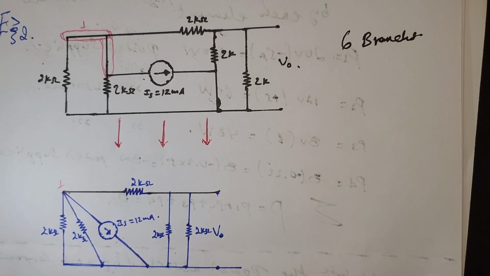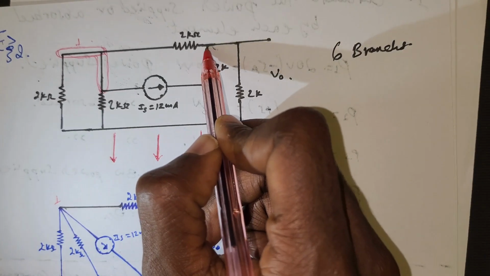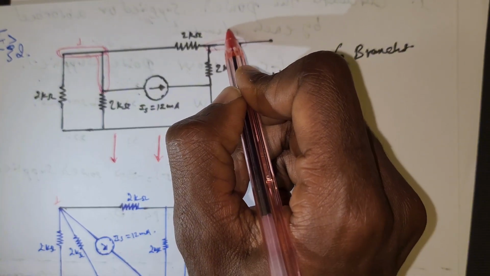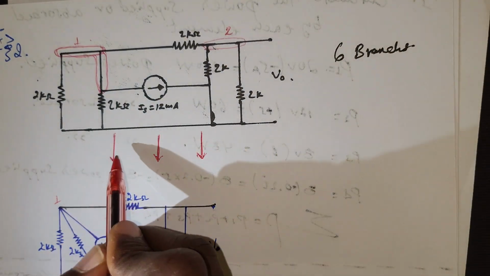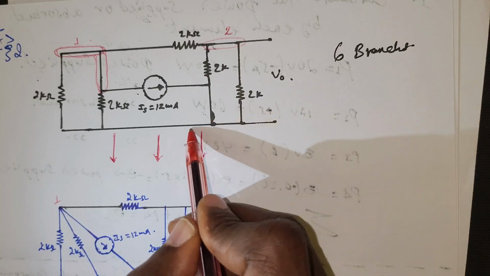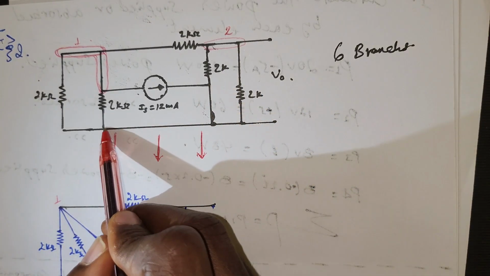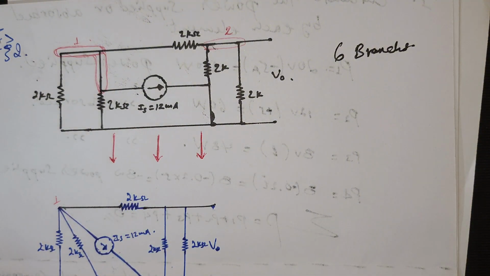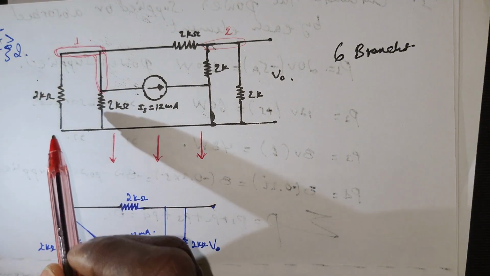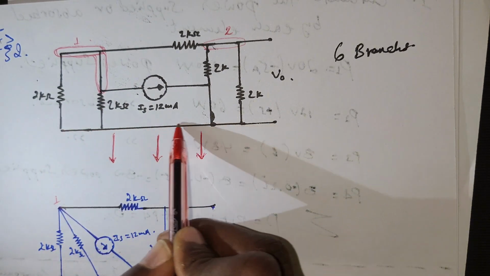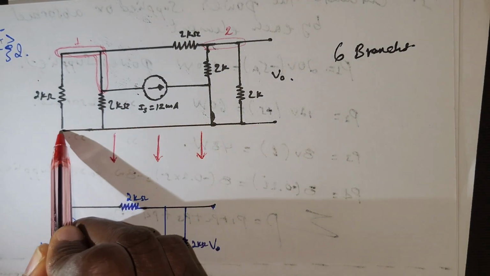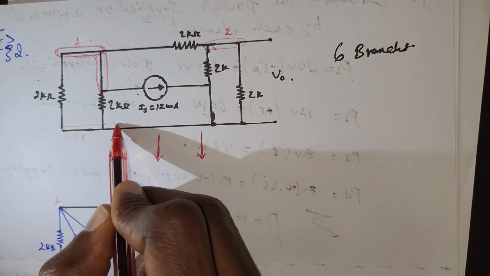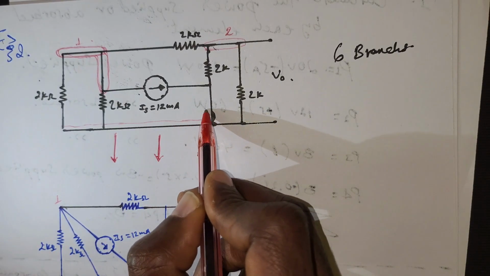Again, the second is this point. This is the second node, and also we have this, beginning from this one and this one. These are also the base, the ground, so this can be reduced like this.